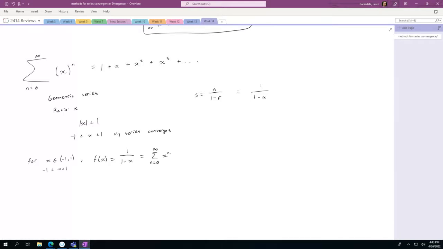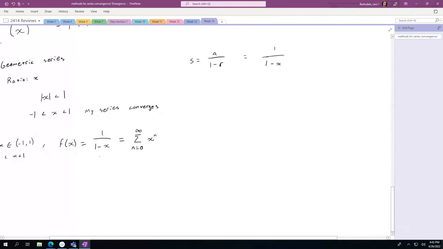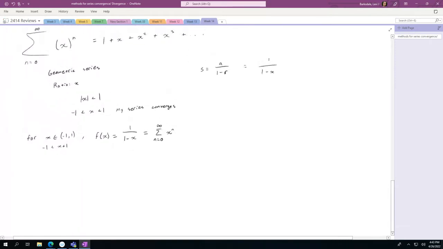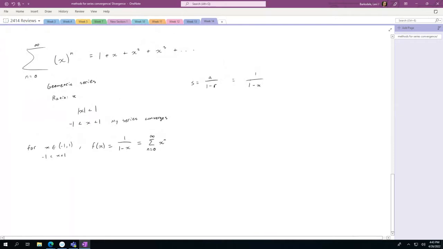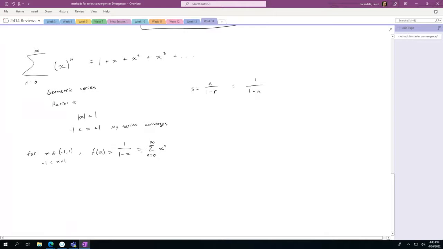So you might be wondering, well, this looks a whole lot easier to work with than this, right? So what's the advantage of writing things as a nice big series, right? Because if we start out with this, sometimes we can go back and find this form. But what actually ends up being the case is a lot of the times it's really useful to start with a function and turn it into a power series.